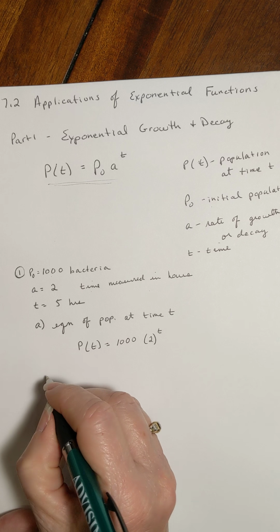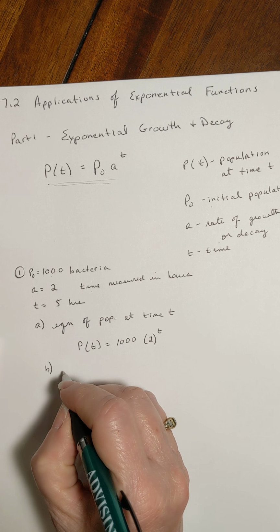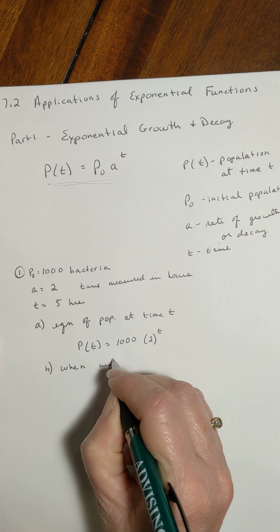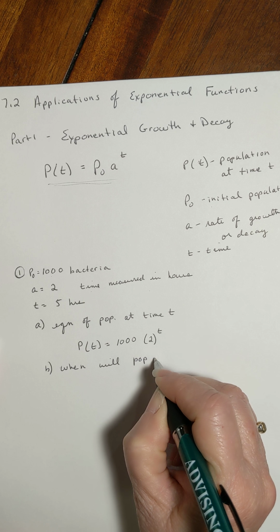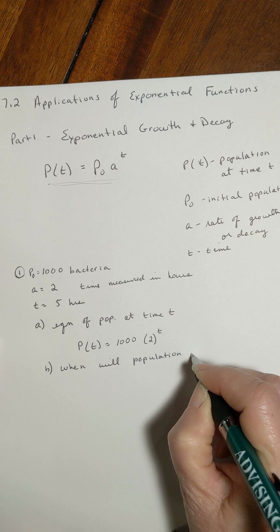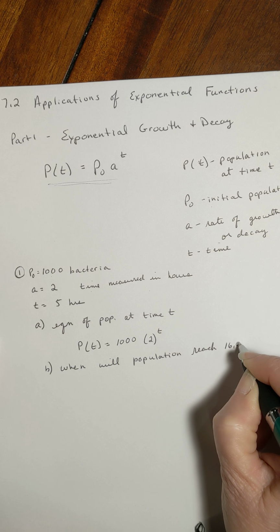Then part B says, determine when the population would reach 16,000.